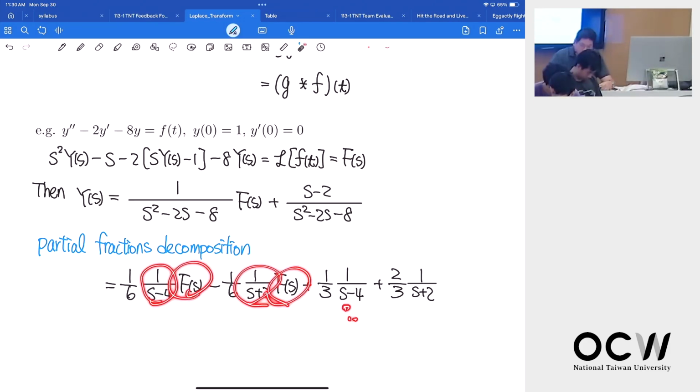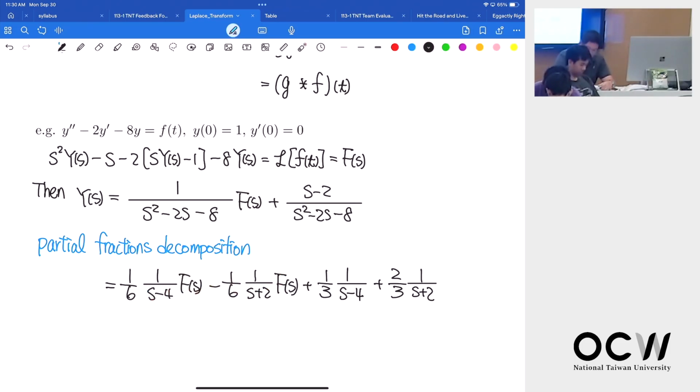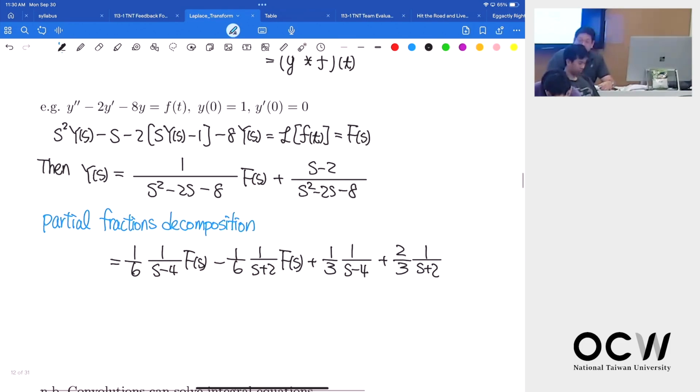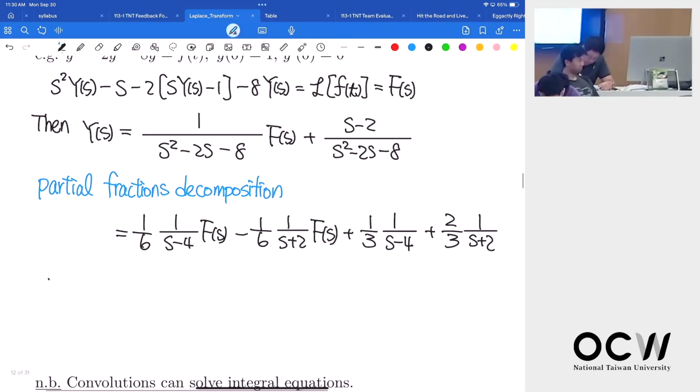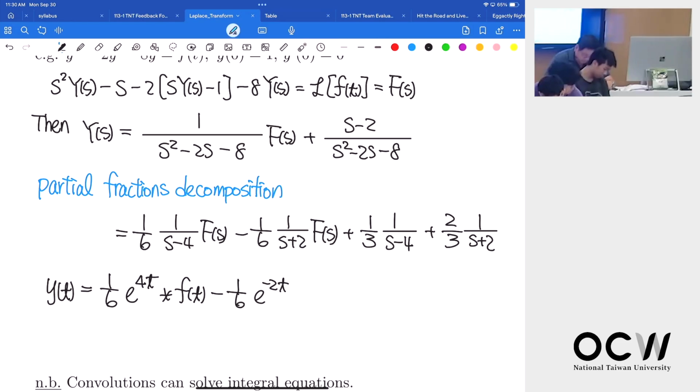So when I take the inverse Laplace transform, it becomes a convolution. And later on, you can plug in any kind of forcing function here. So the solution will be 1 over 6 e to the 4t convolve f. The second term, e to the minus 2t convolve f. And the third term will be 1 over 3 e to the 4t.